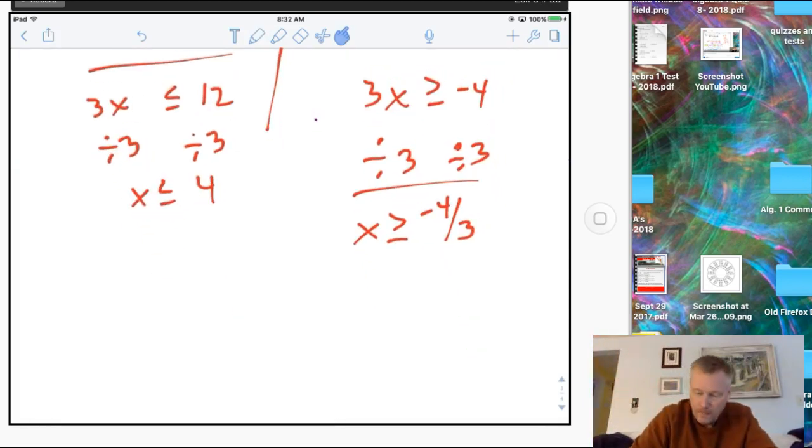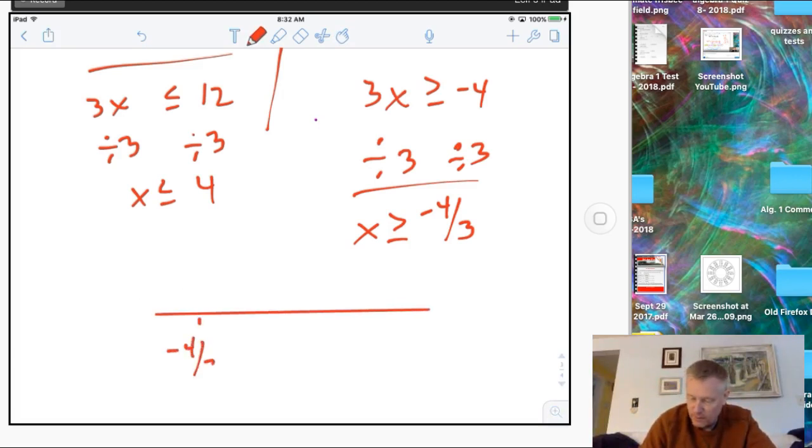All right, so if I'm going to graph this on a number line, here's negative 4/3. I'll say 0's here, and 4 can be over there. They're both solid dots because they have the or equal to underneath it. So remember, if it's one of these two, solid dot.